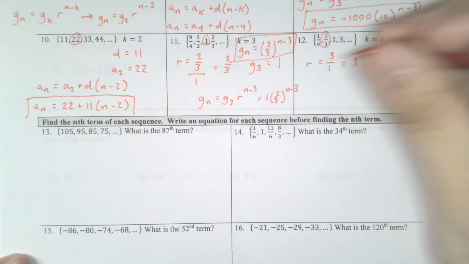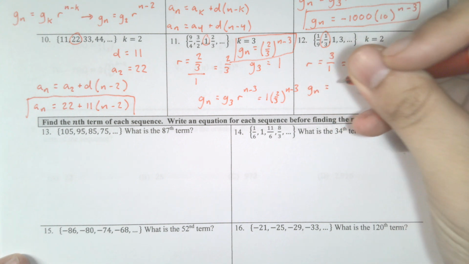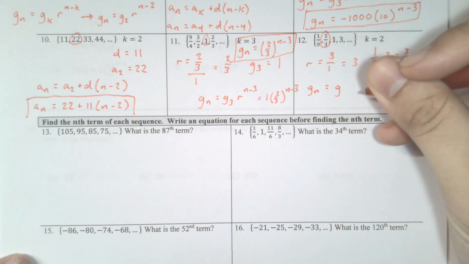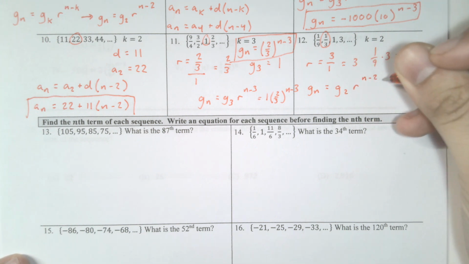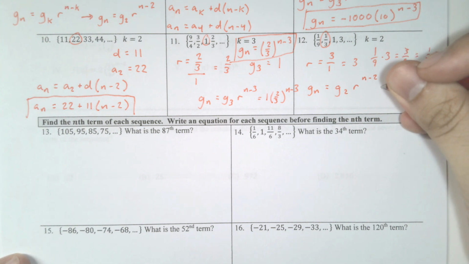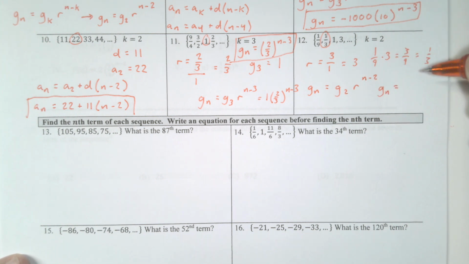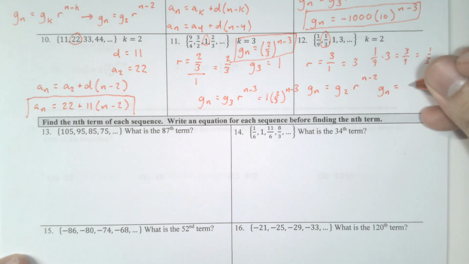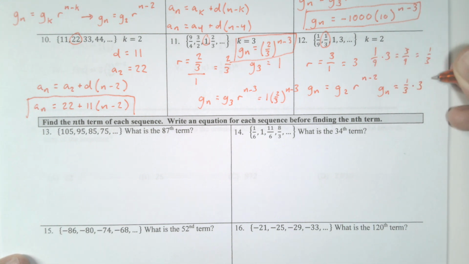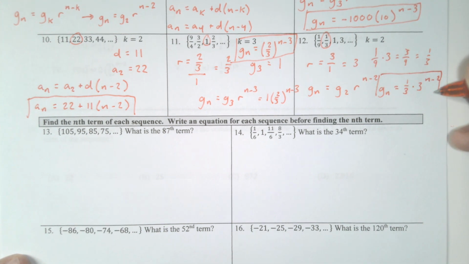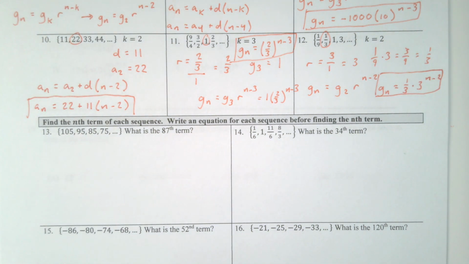So our formula is going to be g sub n is equal to g sub 2 times our ratio to the power of n minus 2. And that means that we have g sub n is equal to g sub 2, which is 1/3, and then times our common ratio of 3 to the power of n minus 2. And that is our formula for number 12.